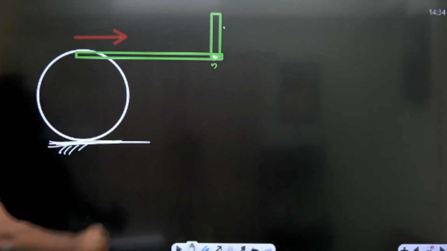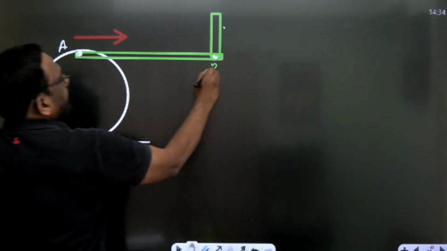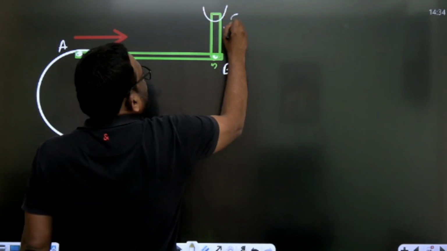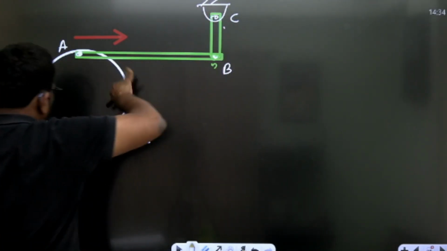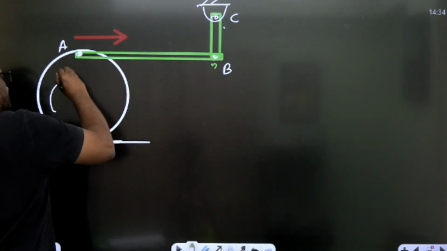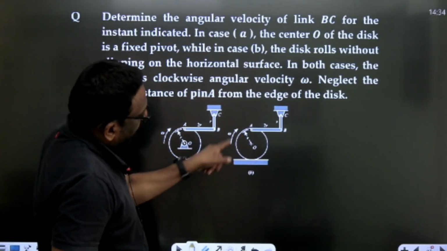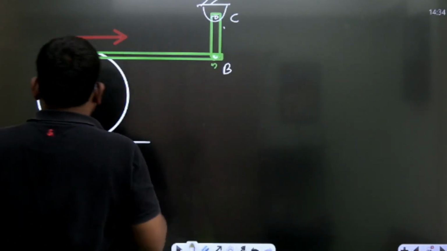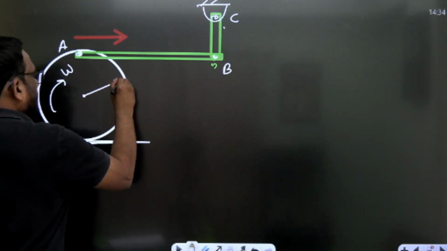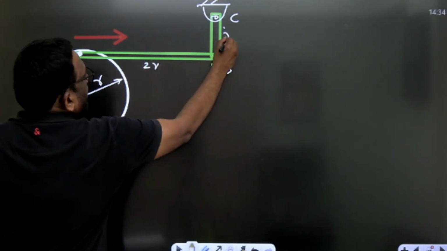Again this is A, again this is B, again this is C. He is asking, if it is rolling without slipping and the omega of this disk is given as omega, the disk's omega is clockwise. The radius is R, this length is 2R, and this is R, sir.